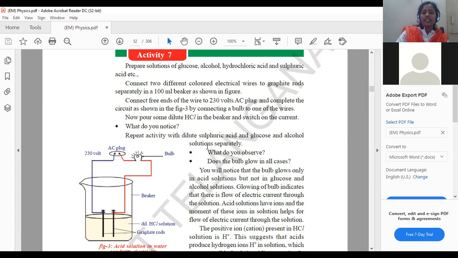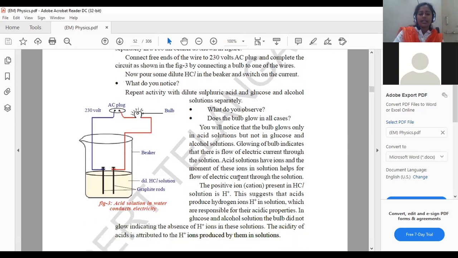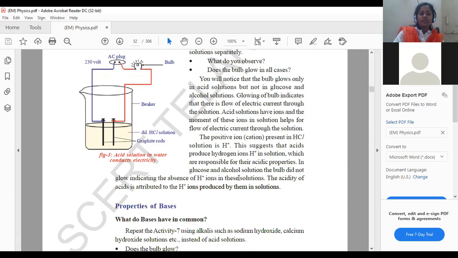So this is the entire experiment to distinguish which is acid, which is base, which is neutral. Here glucose and alcohol, even though hydrogens are there, do not give any glow of light because H plus ions were not released. If H plus is not there, you can't consider them acids, right?